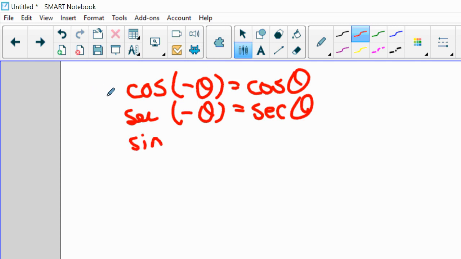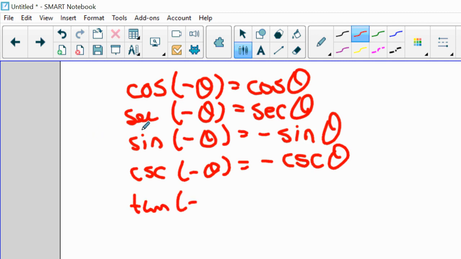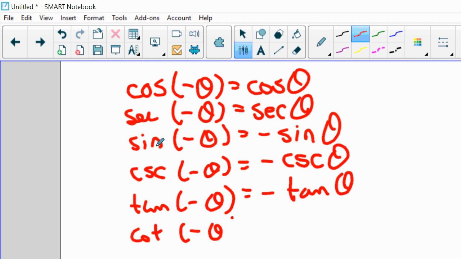Sine of negative theta equals minus sine theta. Cosecant of a negative theta equals negative cosecant theta. Tangent of a negative theta equals negative tangent theta. Cotangent of a negative theta equals negative cotangent theta.